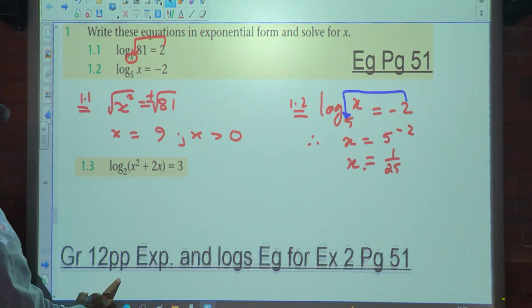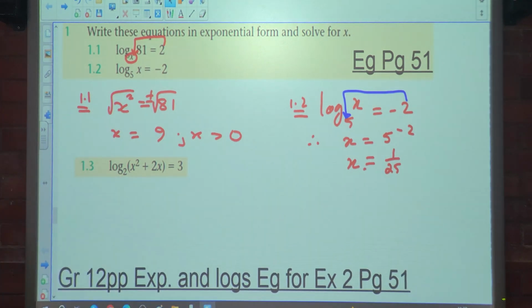1.3 again. We have log of x squared plus 2x base 2 is equal to 3. Okay. So let's write this in exponential form. Why do we convert it to exponential? Because we are more familiar with exponents. Okay.